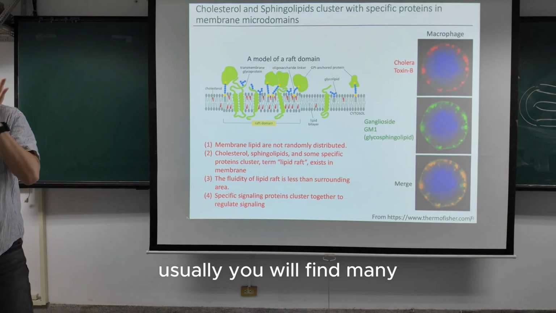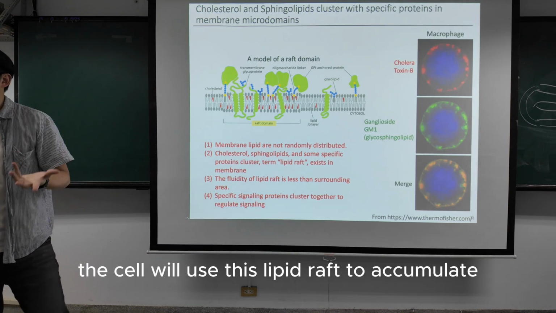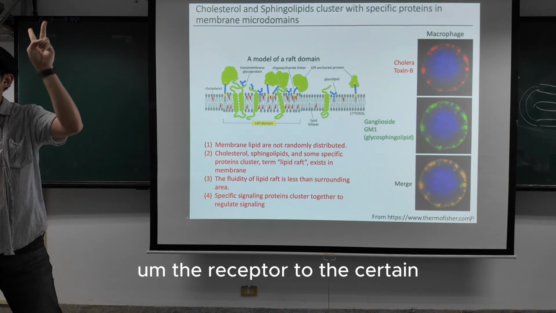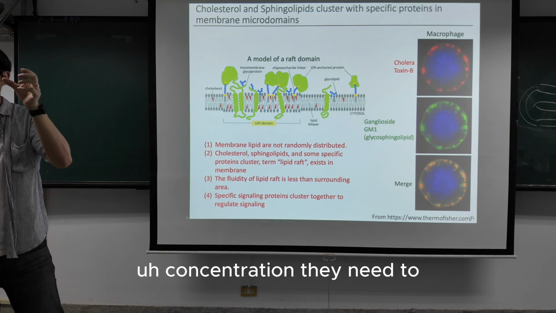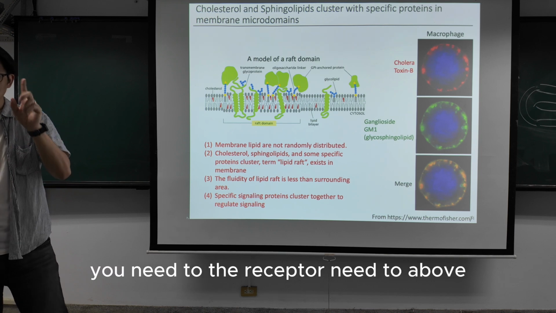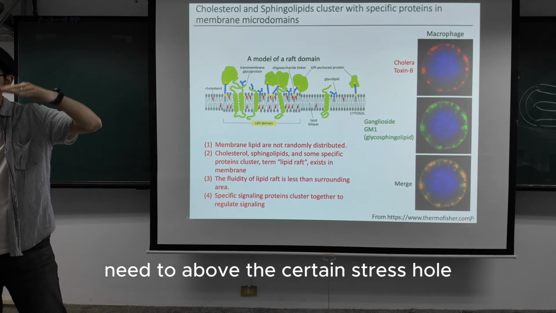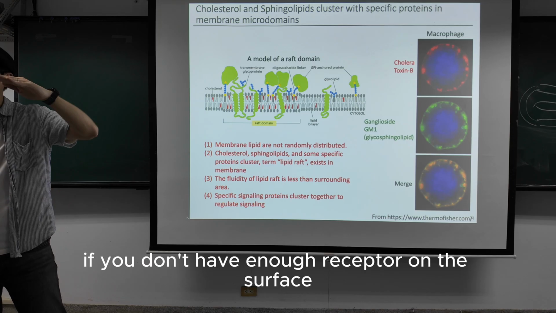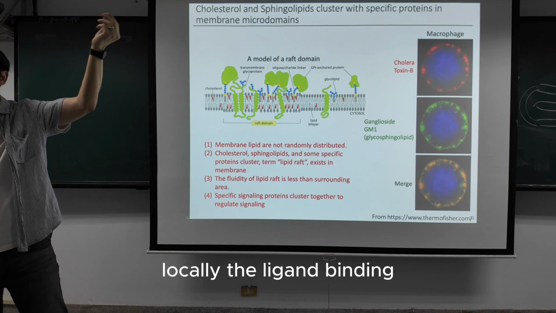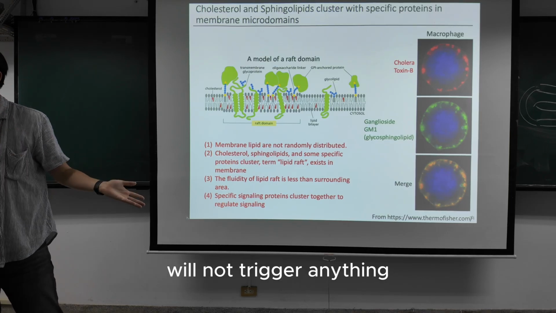Usually, you will find many different signaling pathways or receptors in the lipid raft. The cell uses this lipid raft to accumulate the receptor to a certain concentration. They need this to trigger cell signaling. The receptor concentration needs to be above a certain threshold. If you don't have enough receptors locally on the surface, one ligand binding to one receptor will not trigger anything.